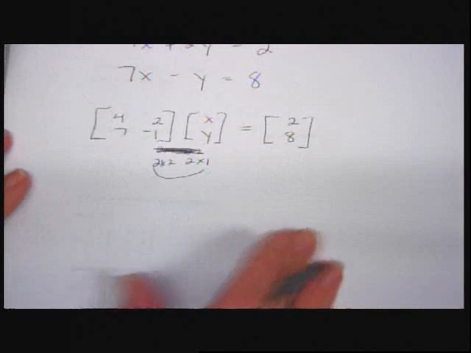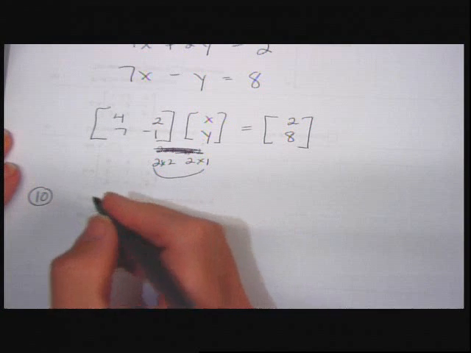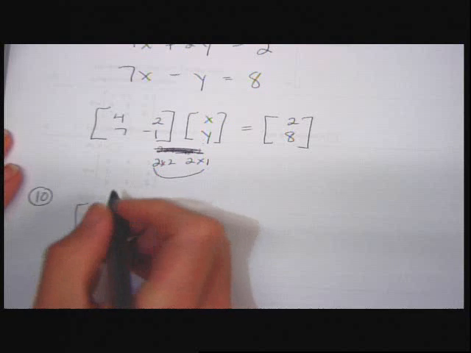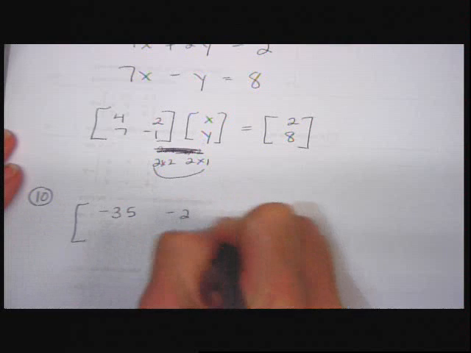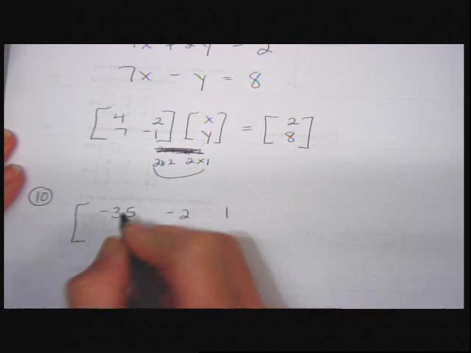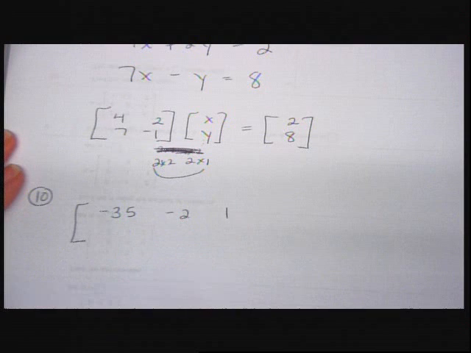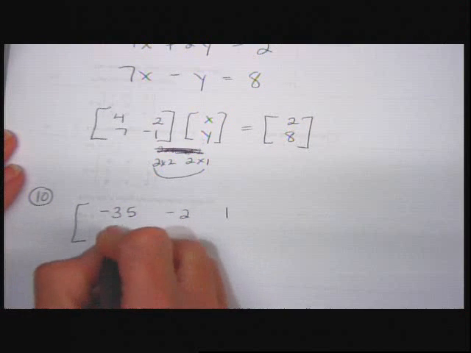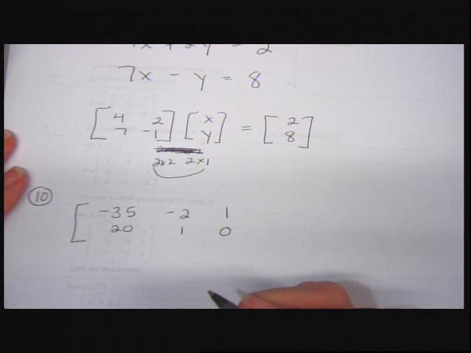Okay? Now on number 10, we'll do -35, -2, and 1, right? And then what will the next row be? 20, 1, and 0. And then what will the next row be? -40, -2, and 1.